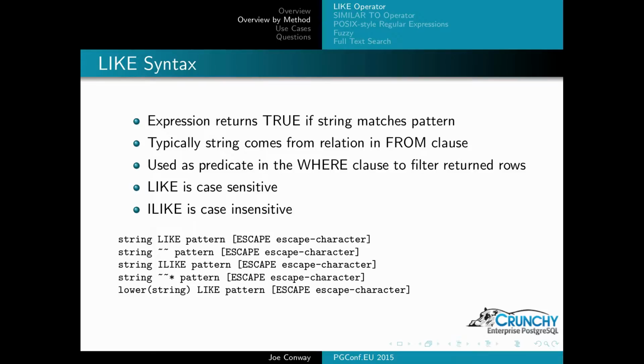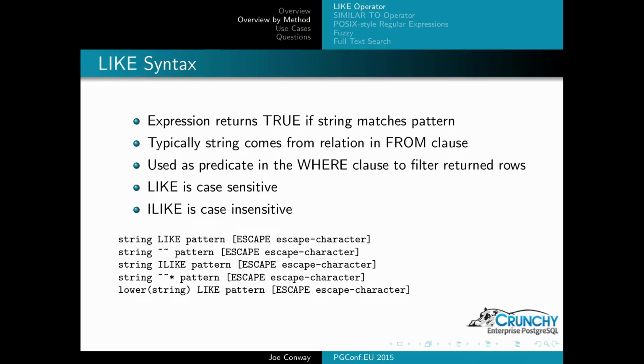This is the syntax for it. You say string, like, some pattern, and then there's an optional escape clause, because the pattern can include escape characters in order to escape the wildcard characters. This double tilde is exactly the same in meaning as like. And then for ILIKE, you've got this double tilde asterisk, which is the same as ILIKE.